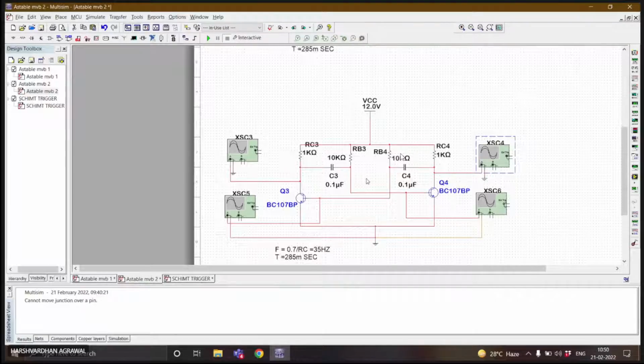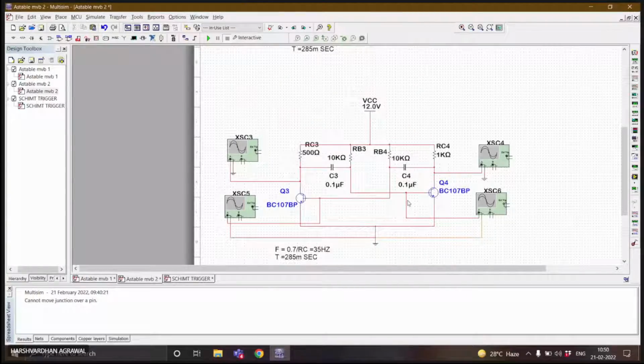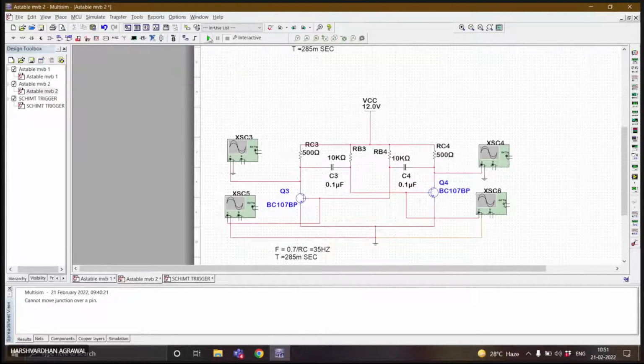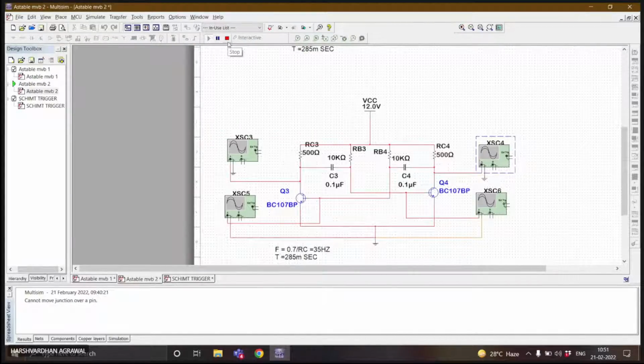Take some lower values of R1 and R2. No, ma'am, same thing we're getting. No, there is no variation means there is some issue, right? Yes, ma'am. Straight line means nothing you are getting.